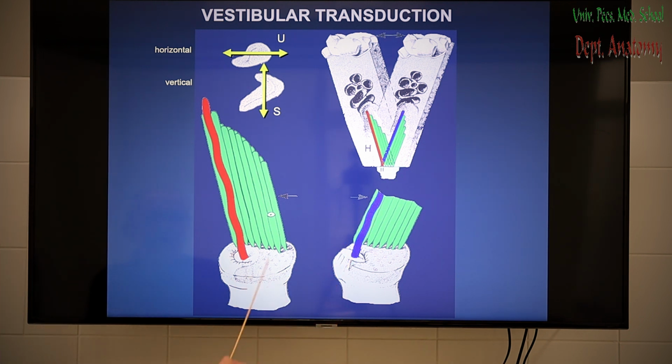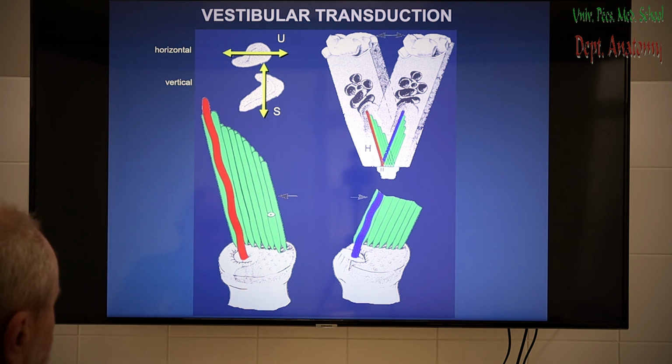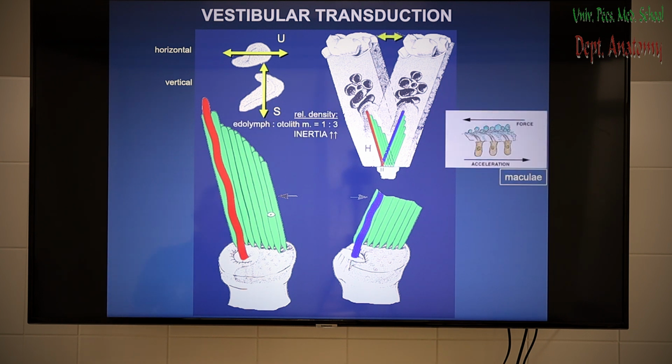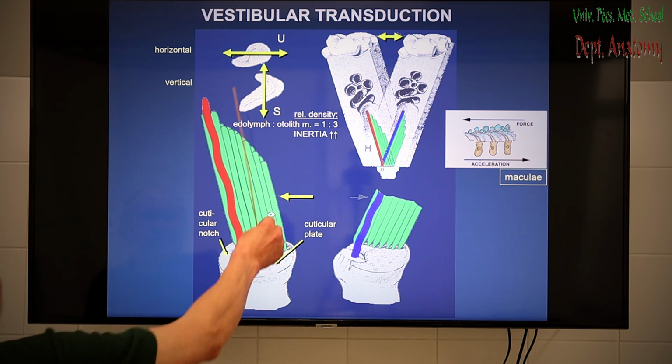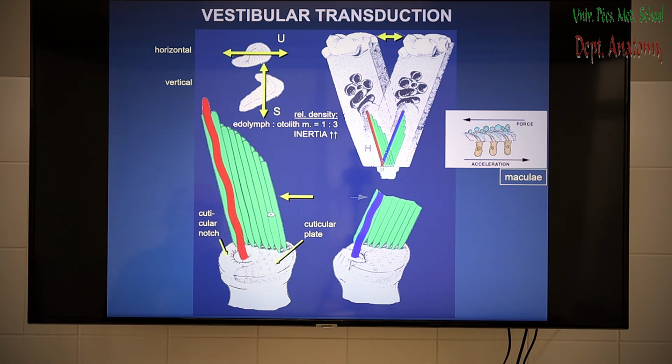Taking one of these hair cells as an example, red indicates here the only kinocilium, and the greens are the stereocilia, being on the opposite side, of course. On the top of each of these hair cells there is a thickened area called the cuticular plate, and due to bending of these processes there is a small invagination of the membrane which produces a notch called the cuticular notch.